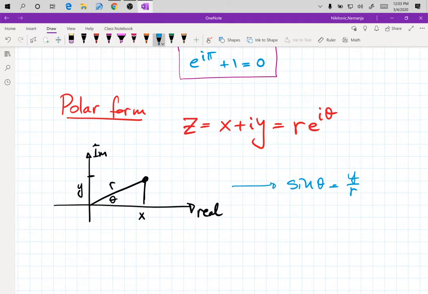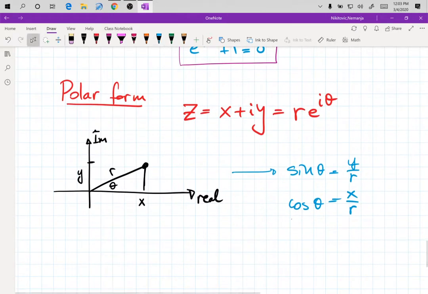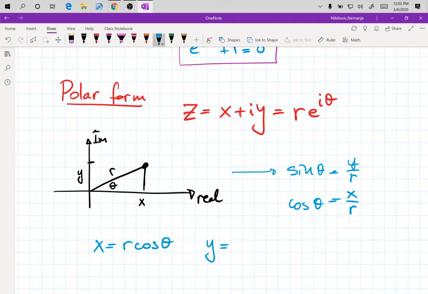And cosine theta? x over r. Exactly. So when you solve these for x and y, x is equal to r cosine theta, y equals r sine theta.